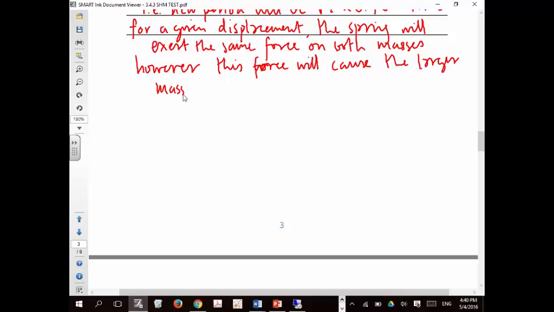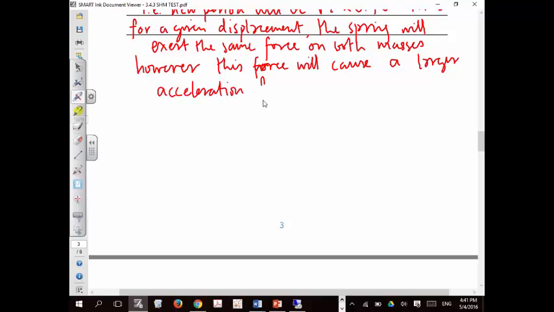Oh, sorry, I'll word that slightly differently. Let me just erase that. Will cause a larger acceleration for the smaller mass.